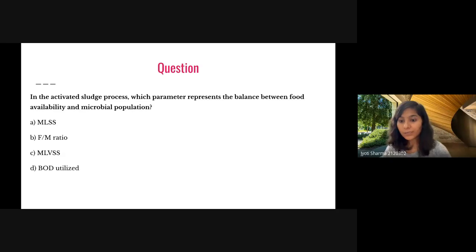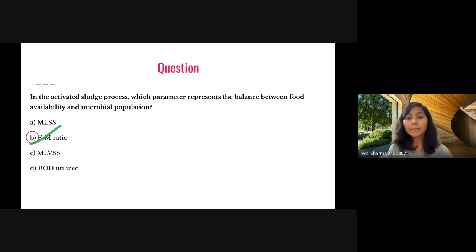Okay, let me see the answers you have given me. Divya and Venkatesha gave me B, the food to microorganism ratio. So yes, B is the right option, the parameter that balances food availability. Food availability means the polluted water itself has some organic matter, and microorganisms need that organic matter for growth.